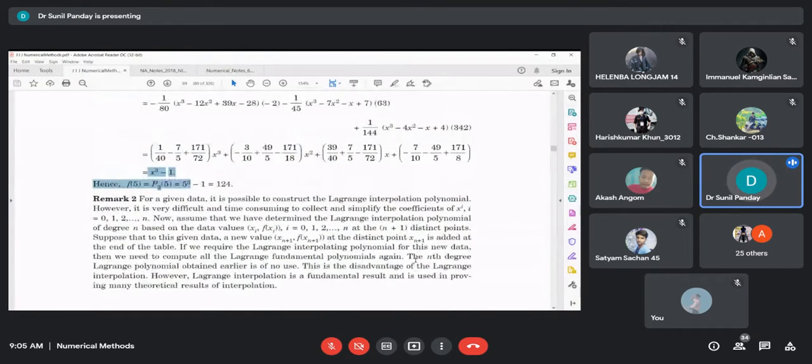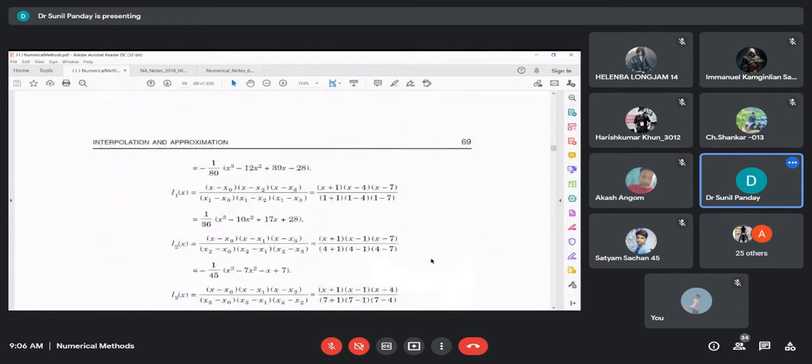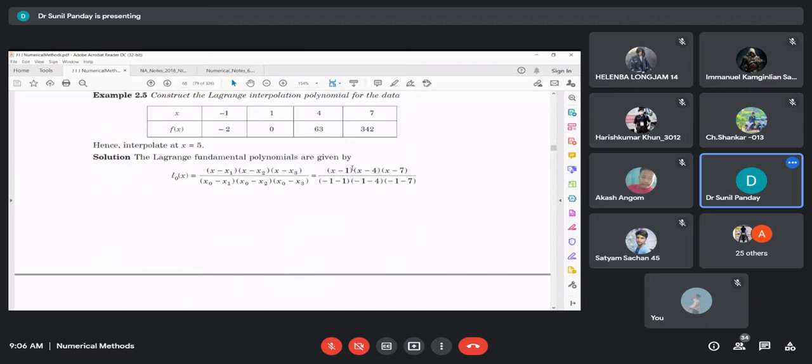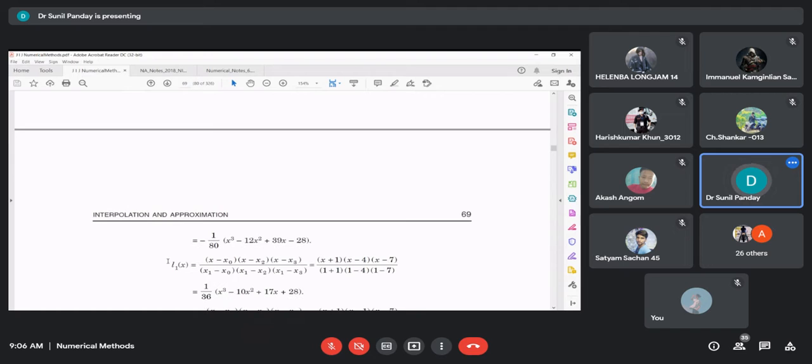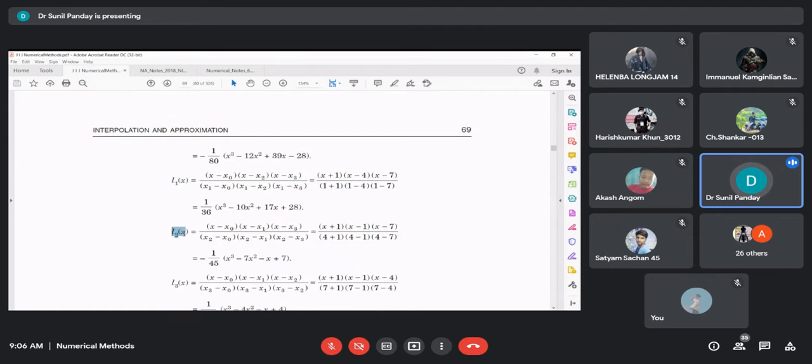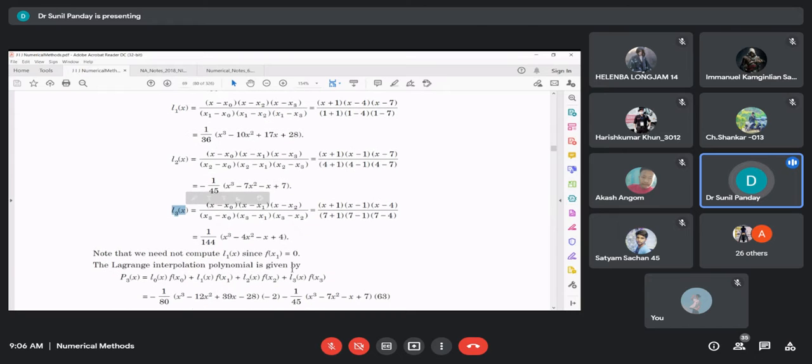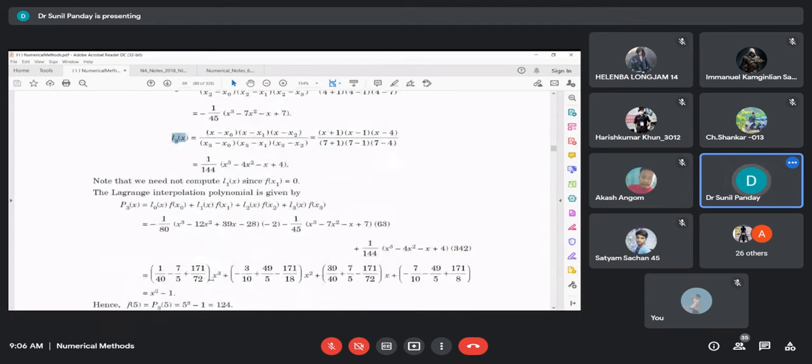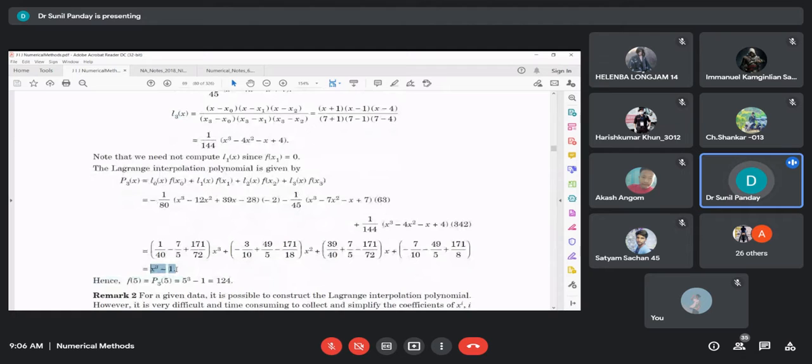But there is a problem with the Lagrange interpolation. If you have this data, and with this data you have applied your formula for L0x, L1x, L2x, and L3x, and after all this procedure you have obtained the polynomial x cube minus 1.